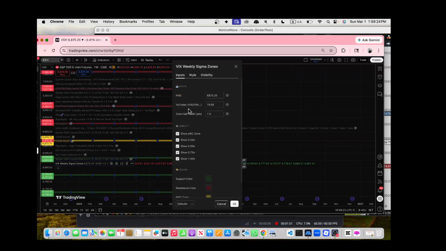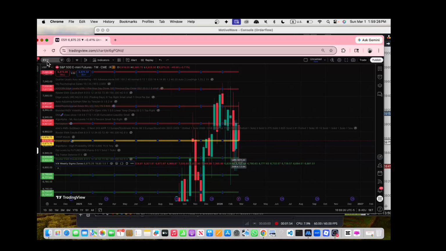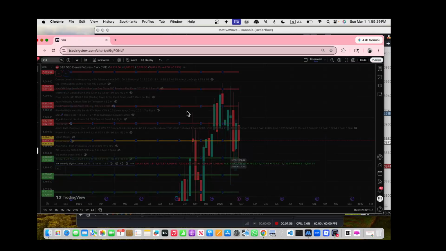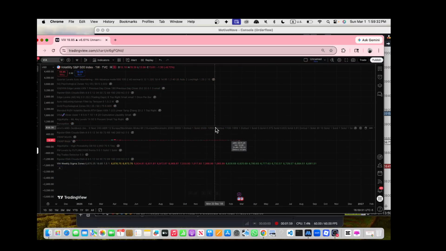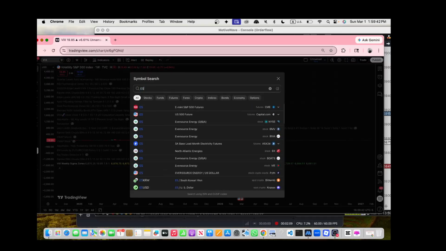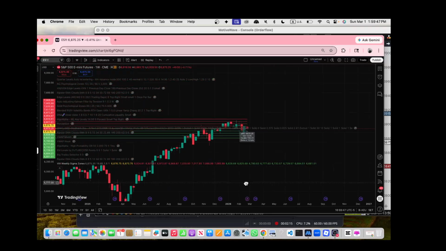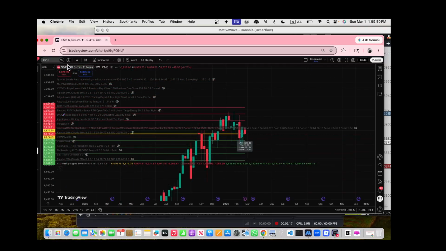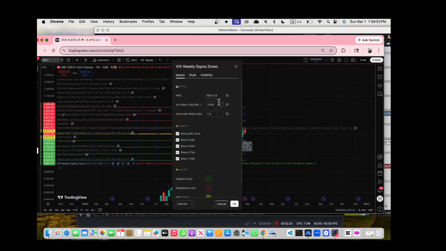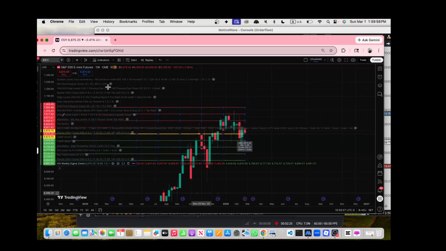So we put that in there, and then we would go to VIX, and we would see here the close is 19.85. So then you go to ES, and you would make sure that is inputted. See how that's inputted, and then 1.5, and then you get this nice looking thing here.